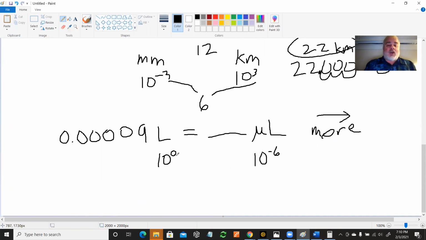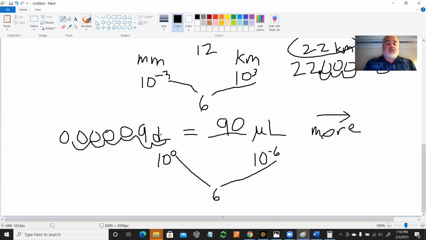And I ask myself, what's the distance between the exponents? The distance between 0 and negative 6 is 6. And I'm going to move my decimal to the right. 1, 2, 3, 4, 5, 6. So my answer is 90.